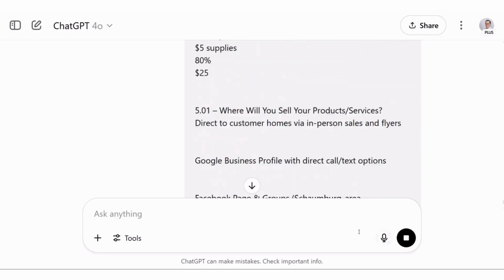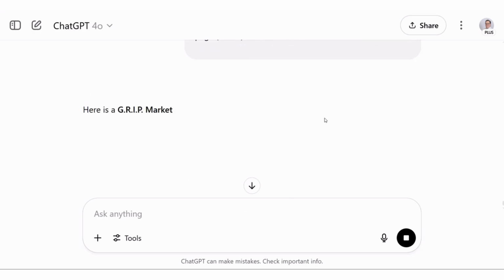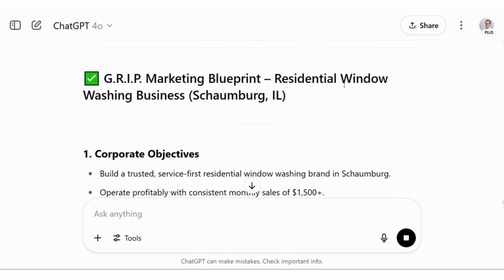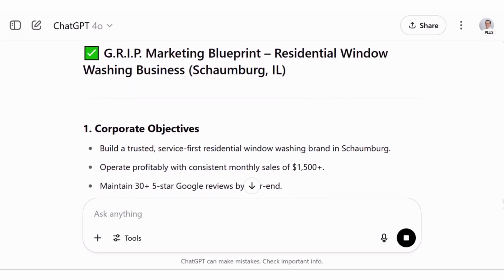So let's see what this does. What you should get, or what we should get, is a grip marketing blueprint for a residential window washing business. And we'll go through the different corporate objectives here.